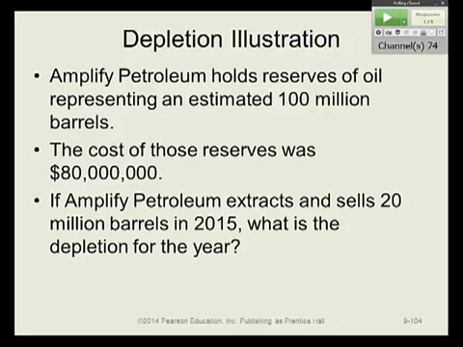So therefore, the rate is 80 cents, and the depletion expense in this example is 80 cents multiplied by the units produced, and in that case, it would be the 20 million. So the depletion is 16 million.